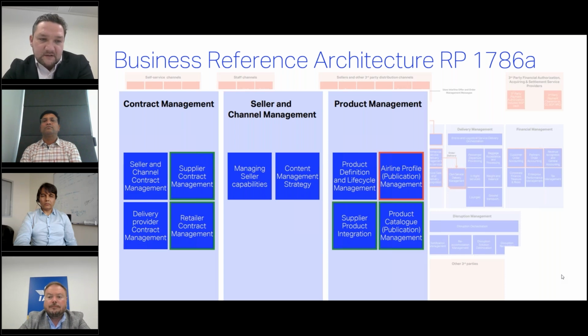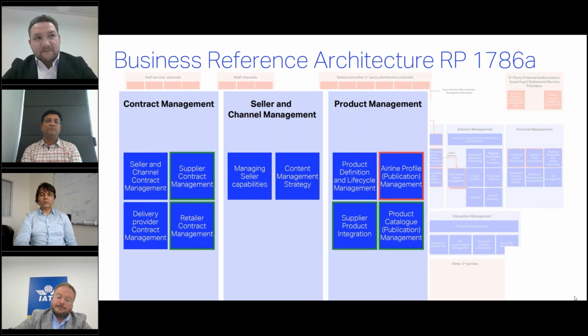Delivery management, you see here, delivery provider management capabilities is a catch-all. It's a simplified capability to ensure the architecture provides a place for all of the agreements an airline needs to establish to enable the delivery of services in general.